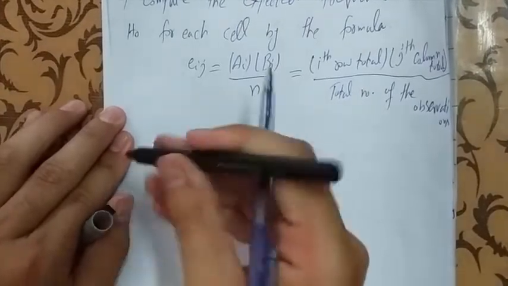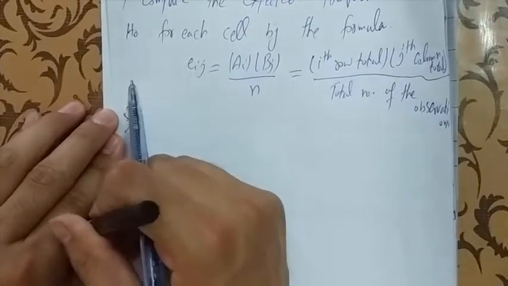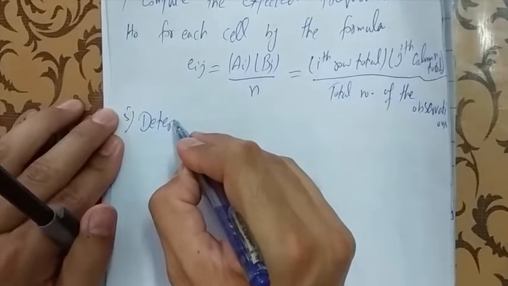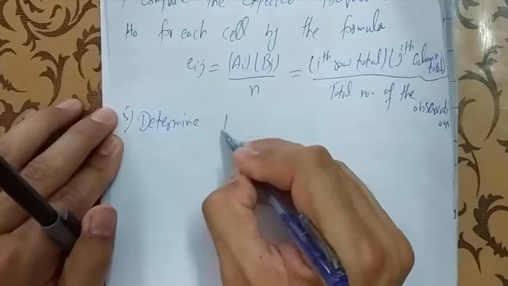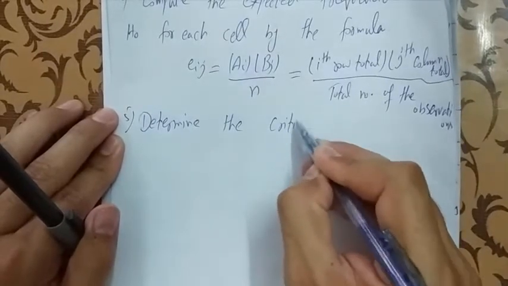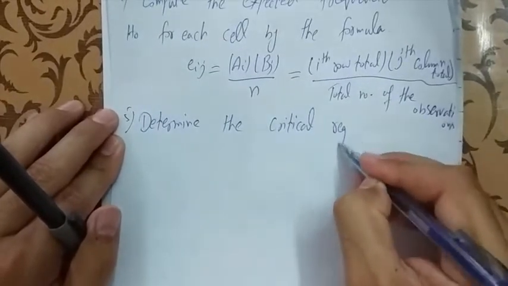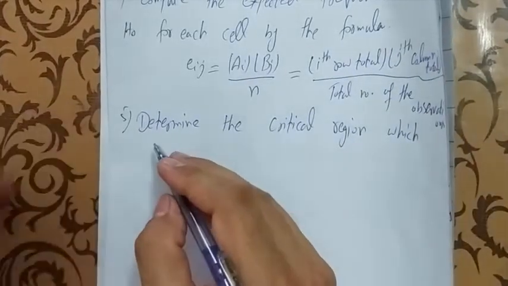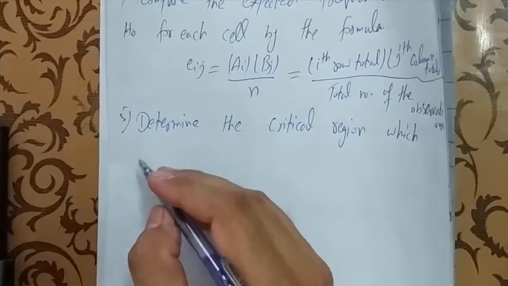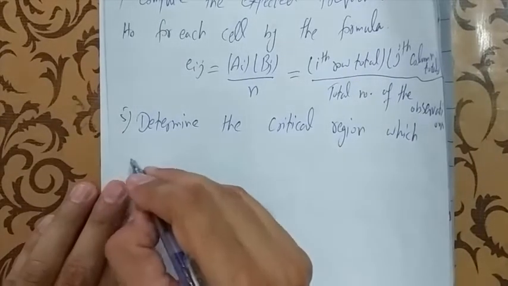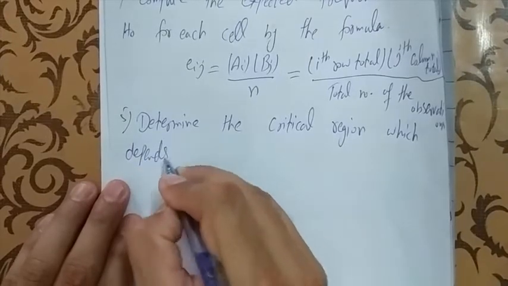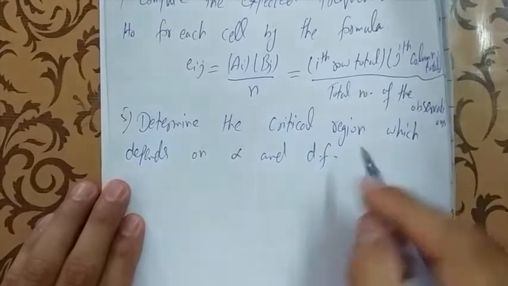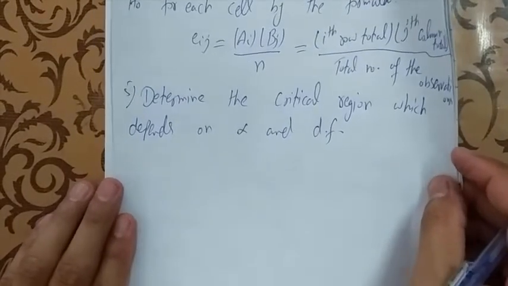And in the fifth step, dear students, determine the critical region, which depends on alpha and the degrees of freedom. Alpha shows the significance level.